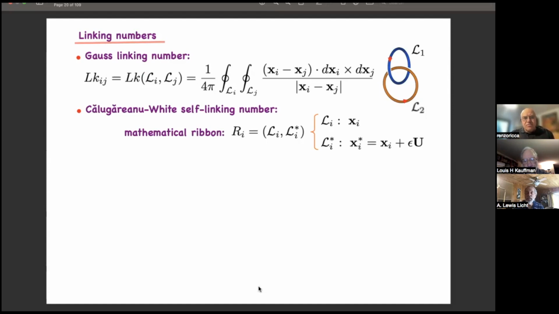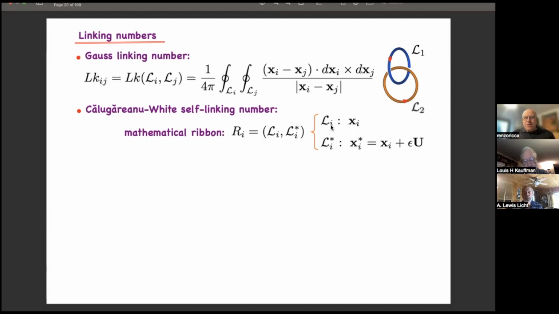Now, this was derived by Calugareanu and then eventually extended to higher dimensions by White, and we make use of a mathematical ribbon. My way to summarize what we have in mind is a very, very rough introduction to this definition of a mathematical ribbon.